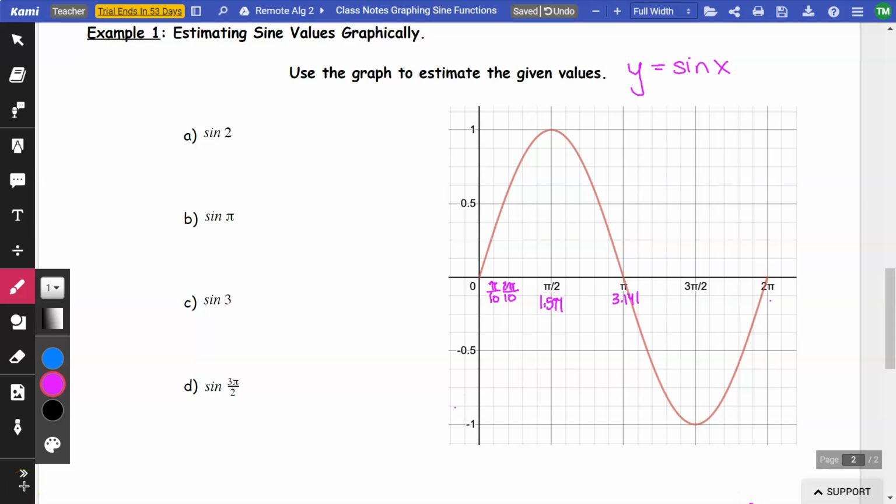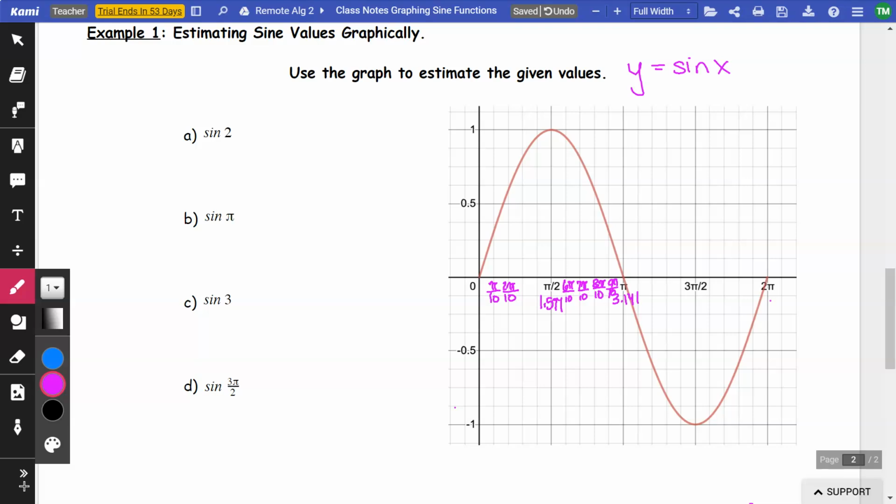We're trying to figure out what the sine of 2 is, so I need to get closer to 2 as a value here. This would be 5 pi over 10, 6 pi over 10, 7 pi over 10, 8 pi over 10, and 9 pi over 10. So I need to figure out where 2 is between 1.571 and 3.141. 6 pi divided by 10 is 1.88, so we're getting closer. 7 pi divided by 10 is 2.1.